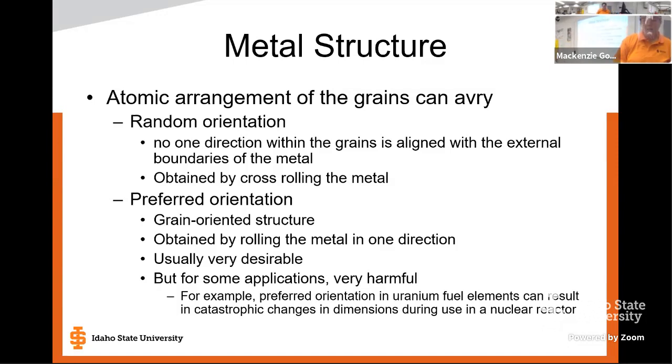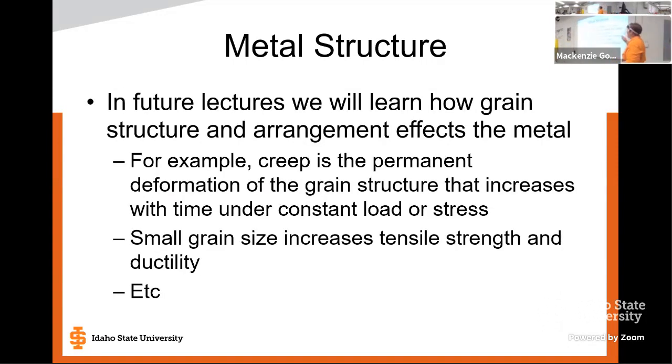So, where we're going from here. We're going to learn how grain structure and arrangement affect the metal as it responds to the different stresses we have in the reactor, right? So creep, we're going to talk about this. It's permanent deformation of the grain structure. And you guys don't have to write these definitions down now, just kind of giving you a plan so you know why we learned about this today. And then small grain size, large grain size, they affect the properties of our metal, right?